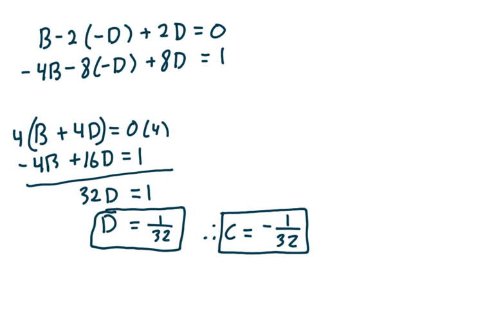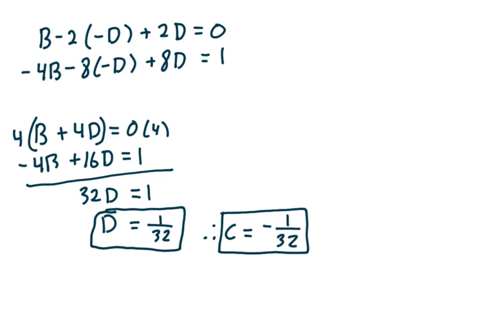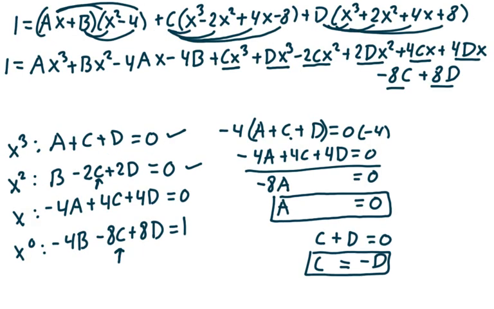So we know d, we know c, we know a. Can we agree that we're going to be able to solve for b? Because that's the only thing missing. Remember, b minus 2c plus 2d equals 0. Let's double check and make sure that's good.